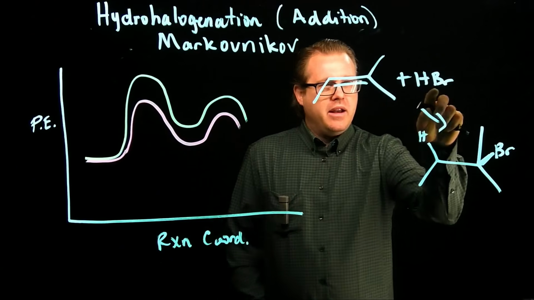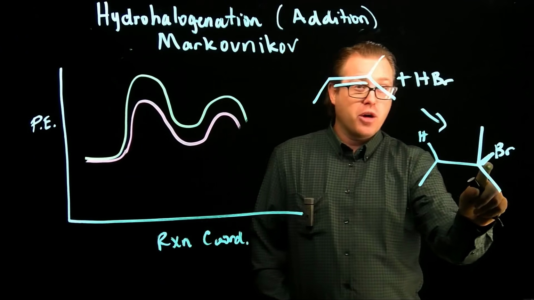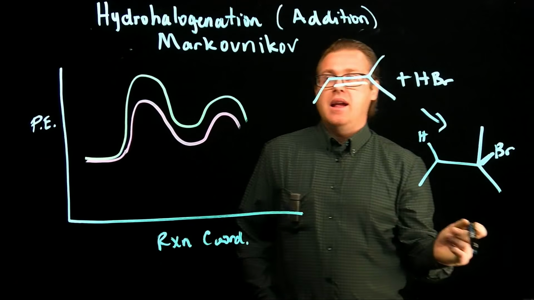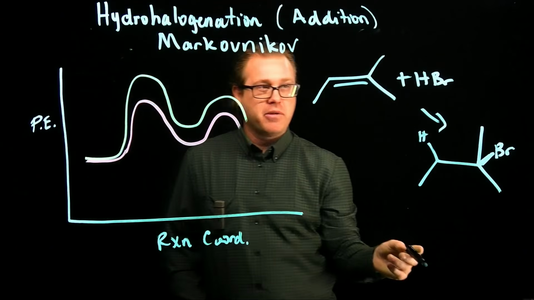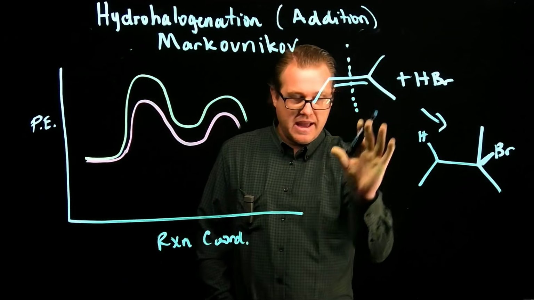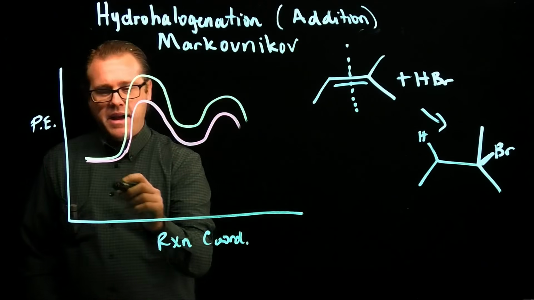Okay. When a reagent selectively goes to one carbon over the other, we call that regioselectivity. And hydrohalogenation can be regioselective when you have an unsymmetrical alkene.